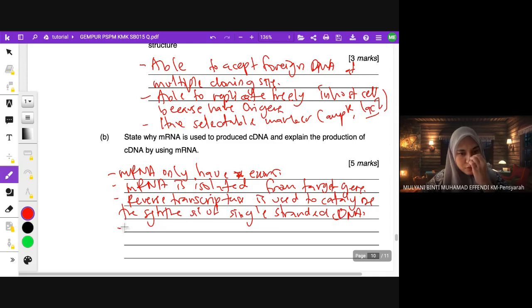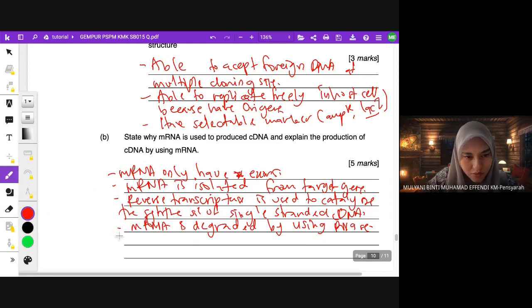Okay. So dalam proses apa? Reverse transcription lah kalau nak tambah. Lepas tu mRNA is degraded by using RNase. Sorry, A kecil.